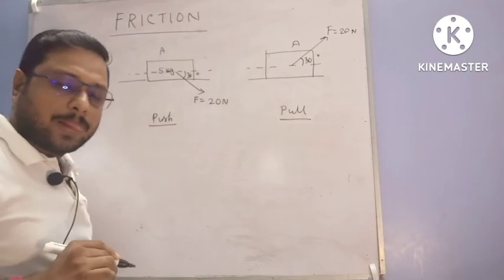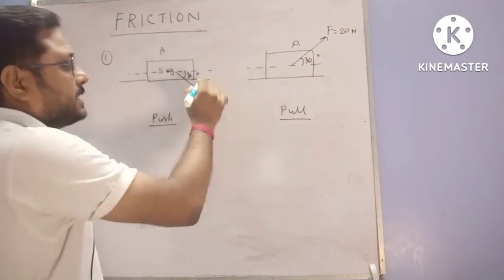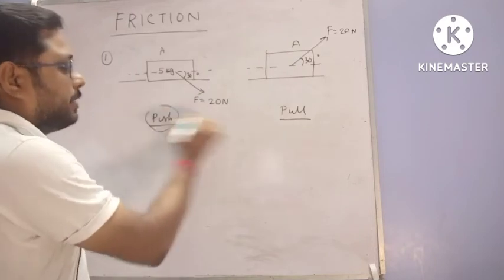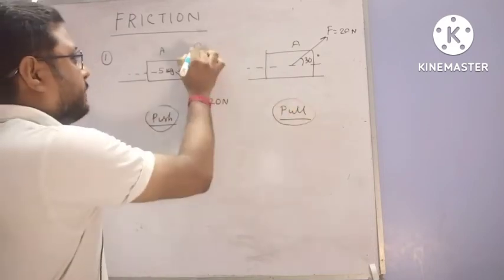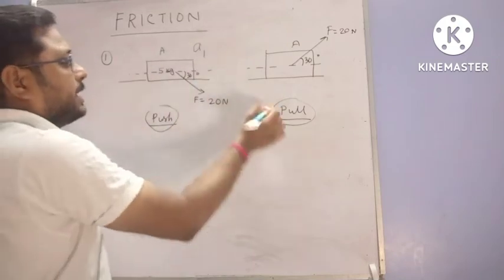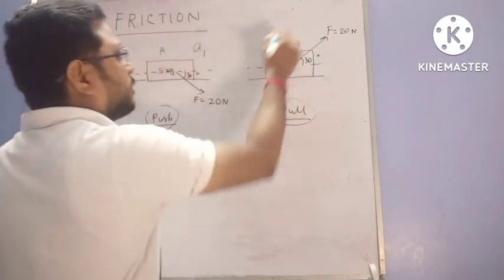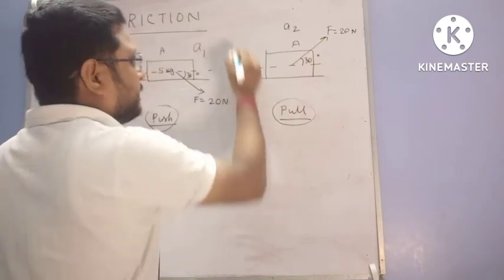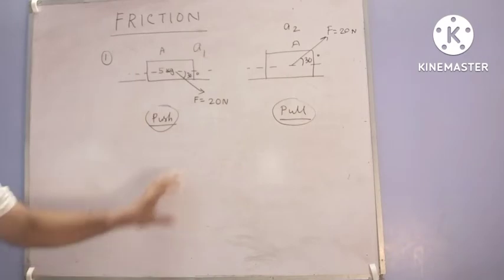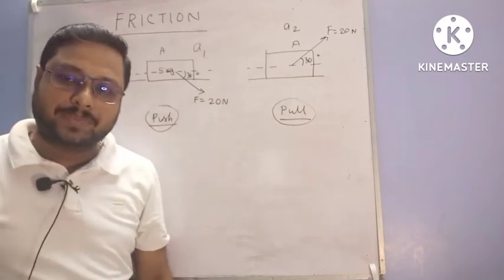Now, what is the difference of acceleration between the two blocks when we push it and when we pull it? If the acceleration for pushing the block is A1 and the acceleration for pulling the block is A2, then what is the difference, A1 minus A2 or A2 minus A1, depending on the values of A1 and A2?